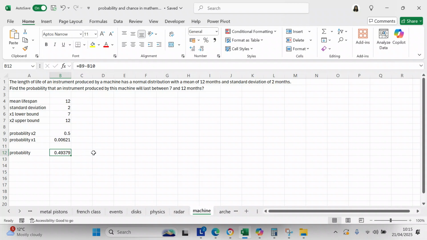So now we're going to check the probability that it's between 7 and 12 equals B9 minus B10, which is 49.379%.